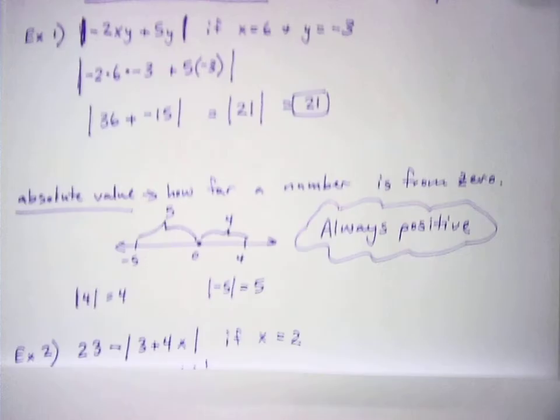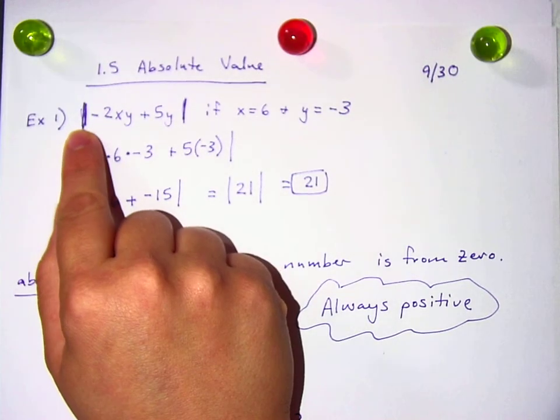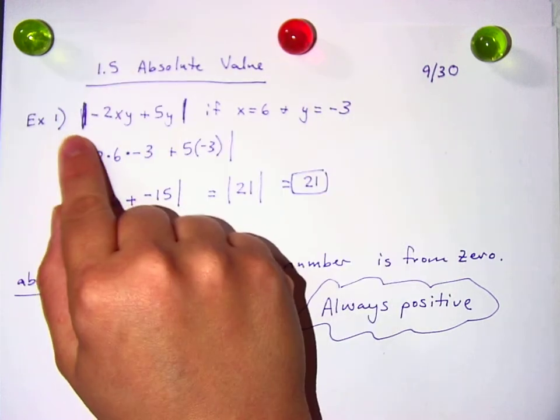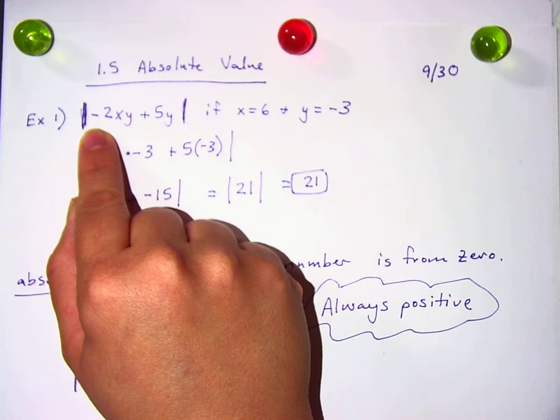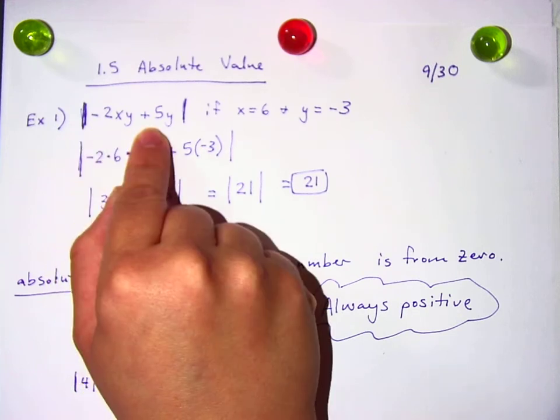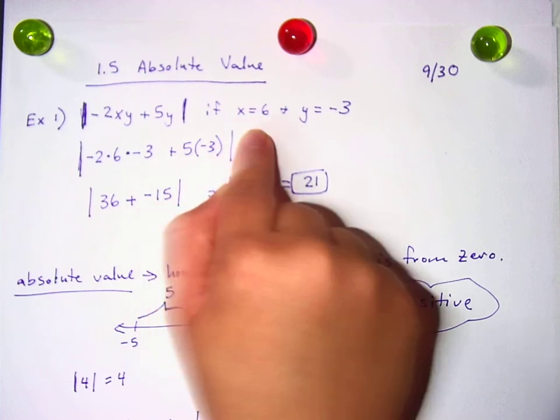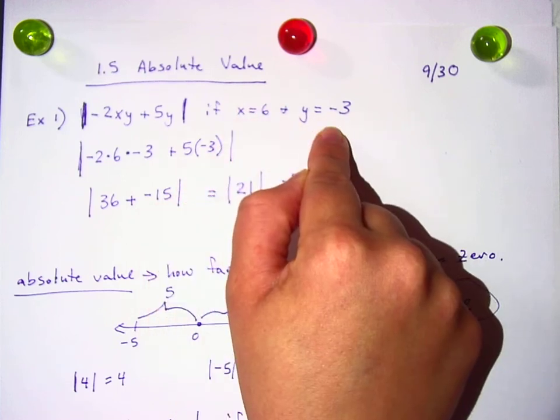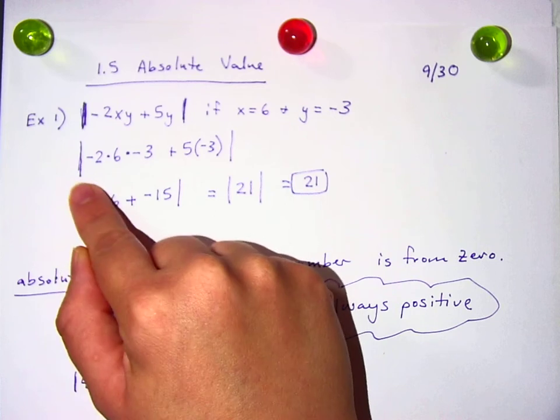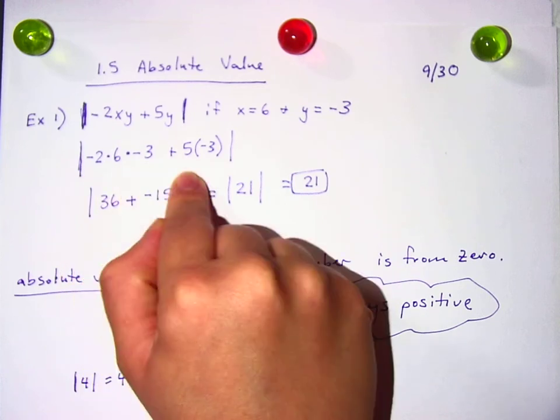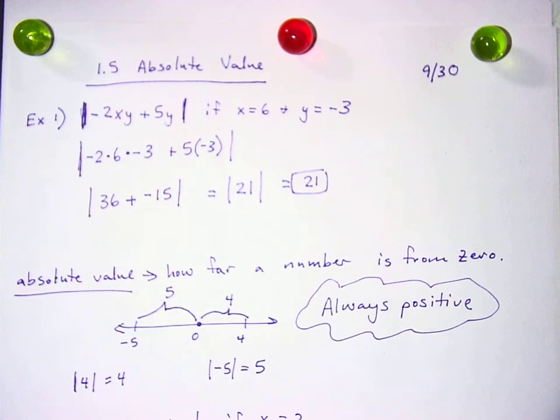Alright, so example 1, write it down. The absolute value looks like these straight lines on either side. So write down the absolute value of -2xy plus 5y if x is equal to 6 and y is equal to -3. So then you start plugging this stuff in. -2 times 6 times -3 plus 5 times -3. I know I'm going fast, so slow down or pause it anytime that you want to. That's up to you.